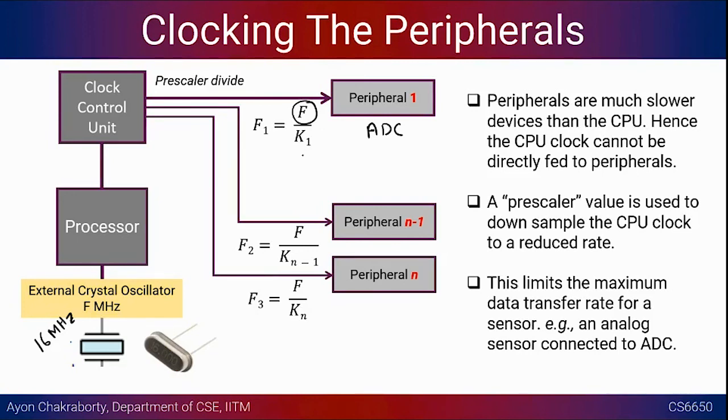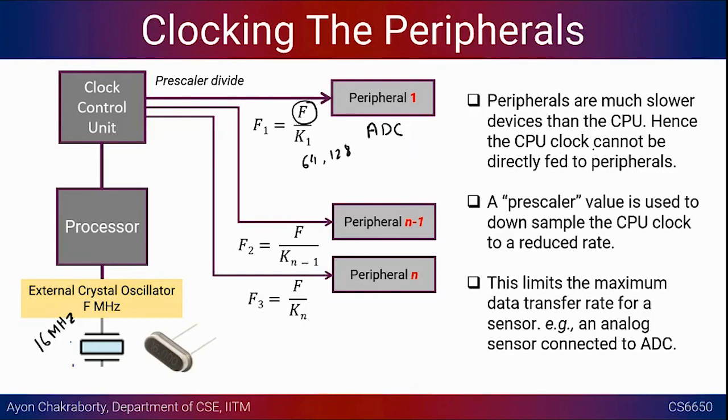This prescaler could be some predetermined value available in the specification of that particular peripheral. If it is an ADC, the prescaler could be, let's say, 64 or 128 and so on. So you divide the 16 megahertz by that prescaler, and that will give you the effective clock rate of this particular peripheral.